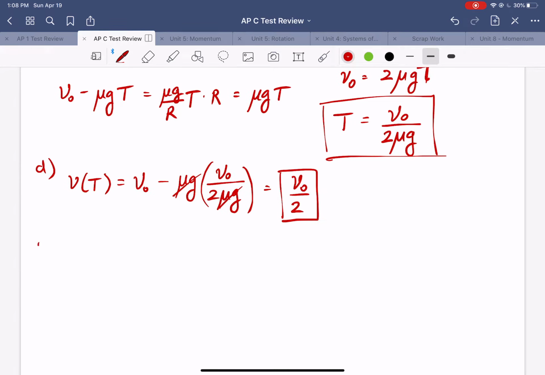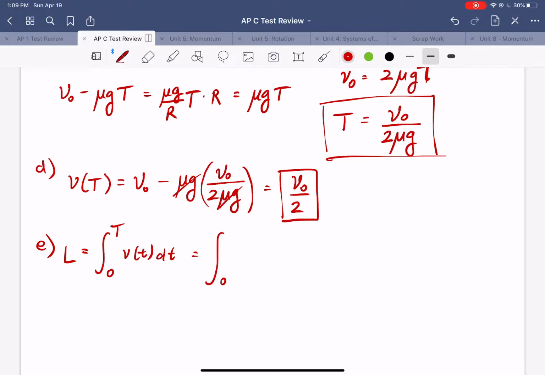All right, so now for part E, we want to derive an expression for the distance L. Well, L is the distance that this ring travels between time 0 and time capital T. So we can integrate from 0 to T our expression for velocity.